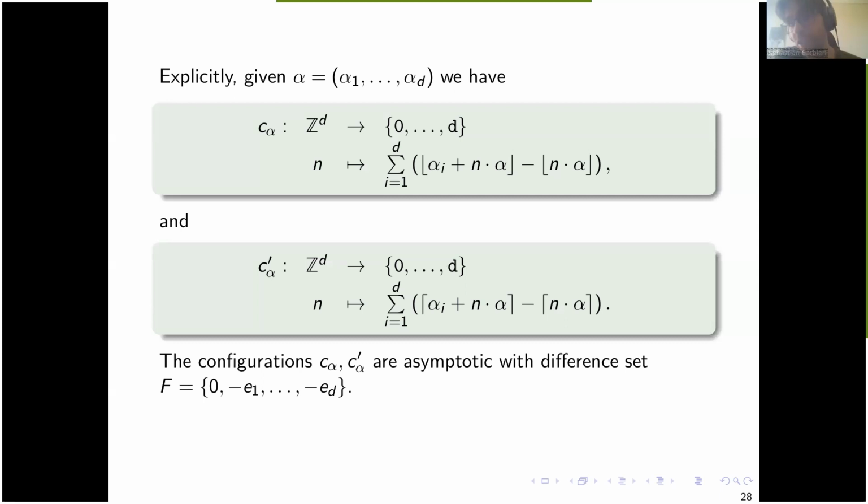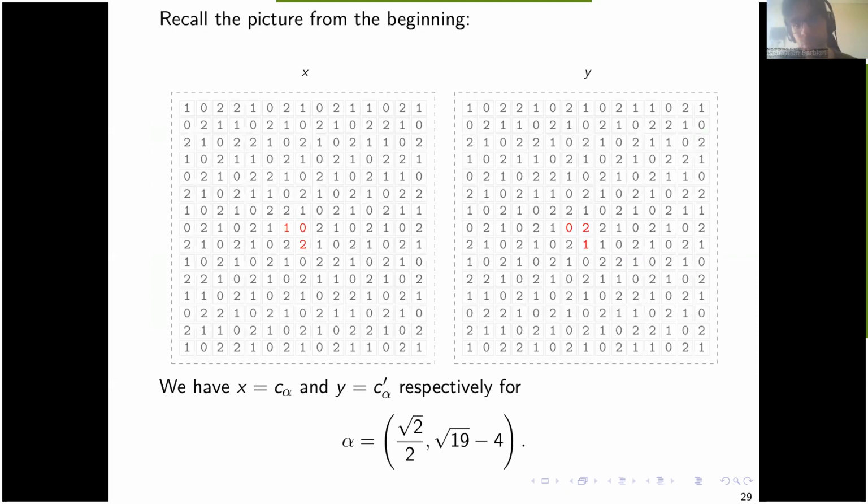So it's not hard to see that in this case, this pair of configurations are going to be asymptotic, and the difference set is going to be just the origin and minus all the canonical vectors. So the picture from the beginning that I showed you, this x and this y, which are different here on 0, 1, 2 and 2, 0, 1, they are actually going to be a multidimensional Sturmian configuration, C alpha and C prime alpha, for alpha the vector square root of 2 over 2 and square root of 19 minus 4.